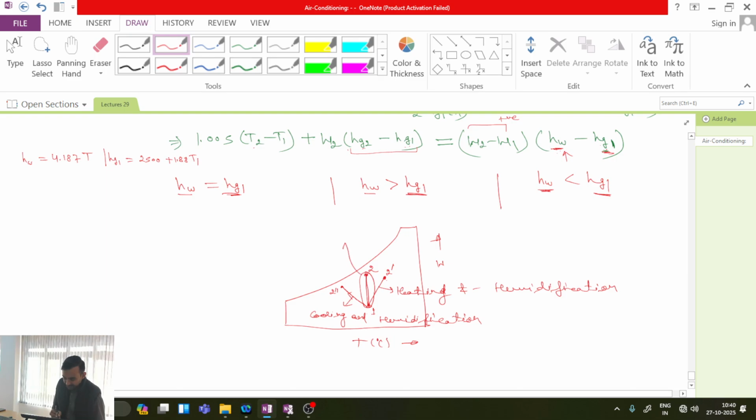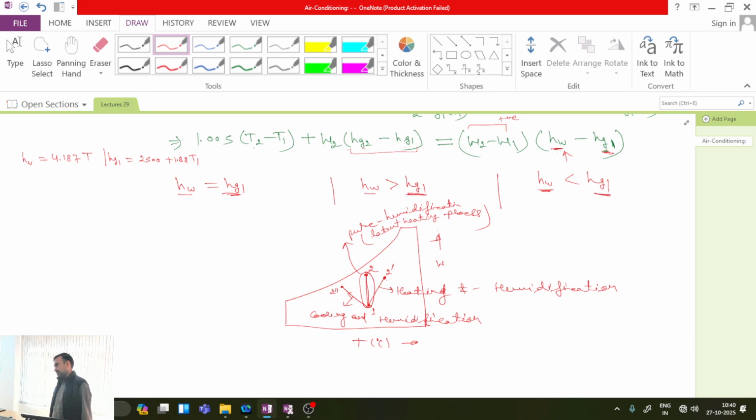Only the process of increase in humidity. So I can call it pure humidification, and along with that I can also call it a latent heating process, because sensible temperature change is not observed, only heat is added in terms of increasing the moisture content.